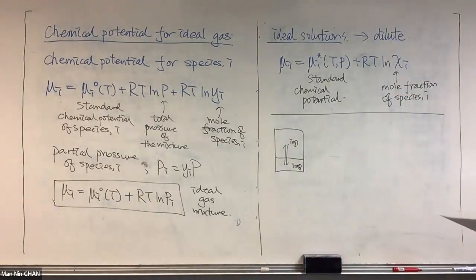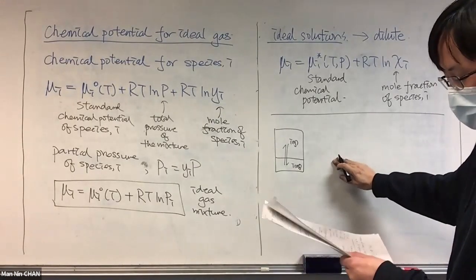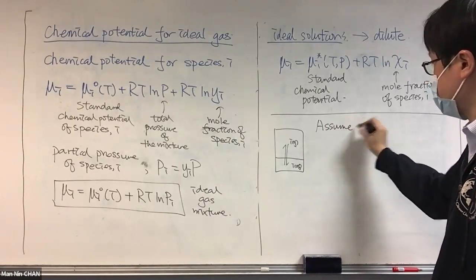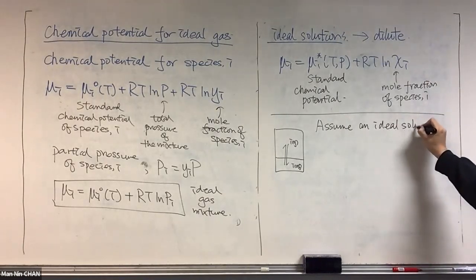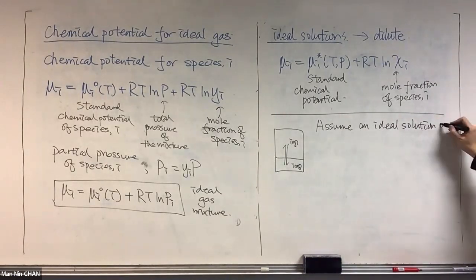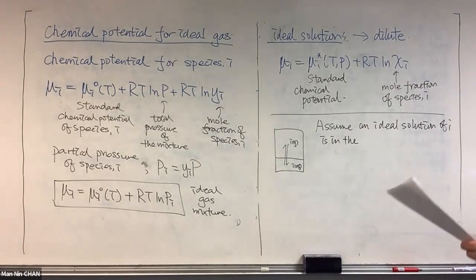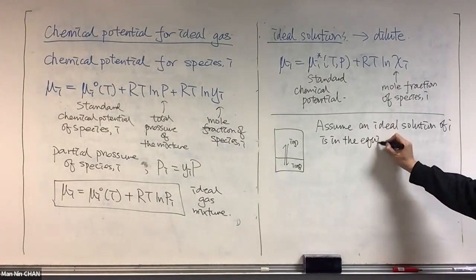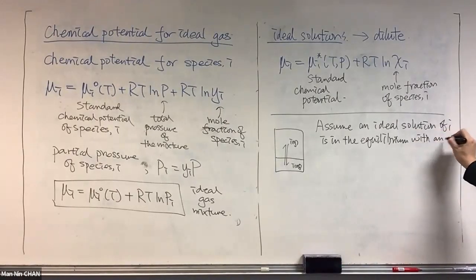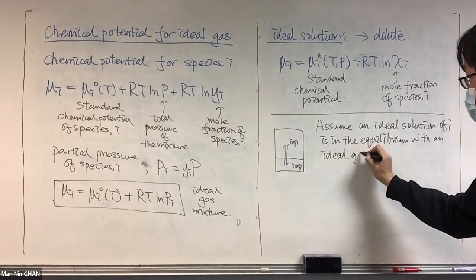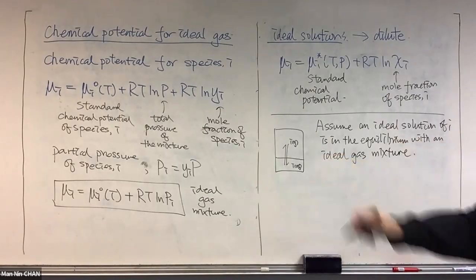So let's say we consider this scenario, and then you assume an ideal solution of I is in equilibrium with also an ideal gas mixture.